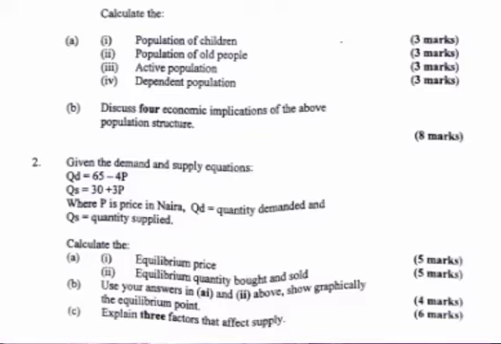And the number 2 question said, given the demand and supply equations, QD equals 65 minus 4P, QS equals 30 minus 3P, where P is price in Naira, QD is quantity demanded, and QS is quantity supplied, calculate: (a) (i) the equilibrium price, (ii) the equilibrium quantity bought and sold. (b) Use your answers in (a)(i) and (a)(ii) above to show graphically the equilibrium point. And (c) explain 3 factors that affect supply.